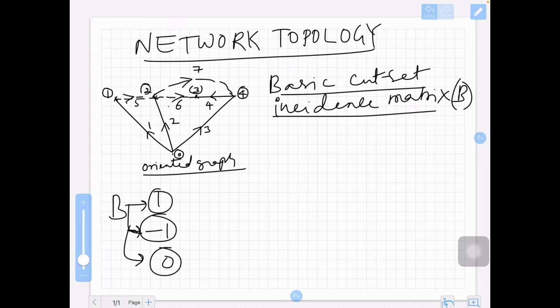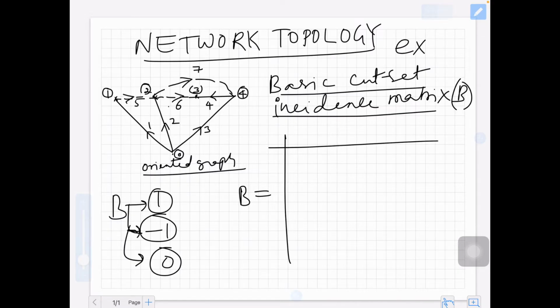So the order of the B matrix is elements cross number of branches. That means elements cross branches, and we have 7 elements here.